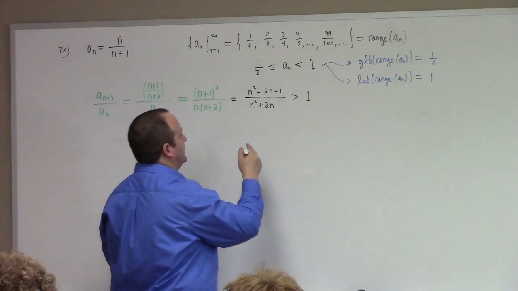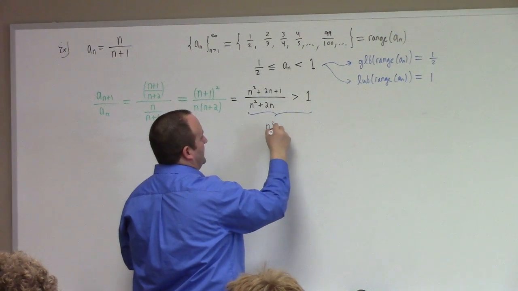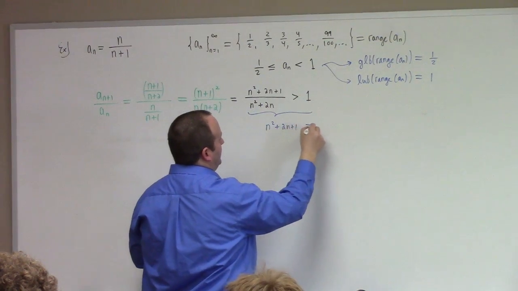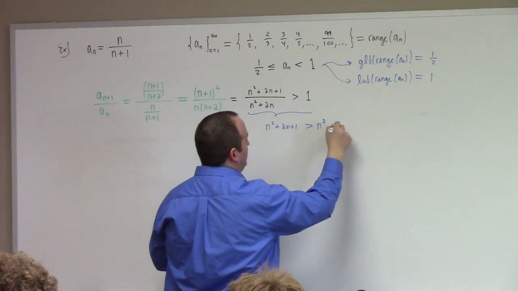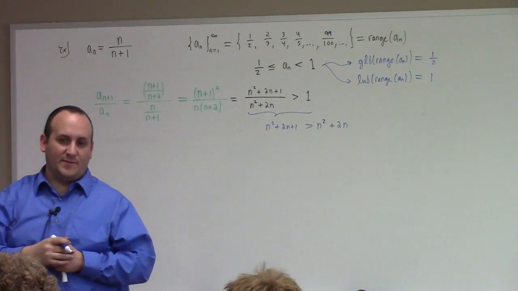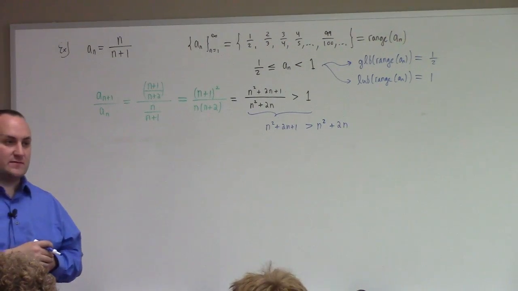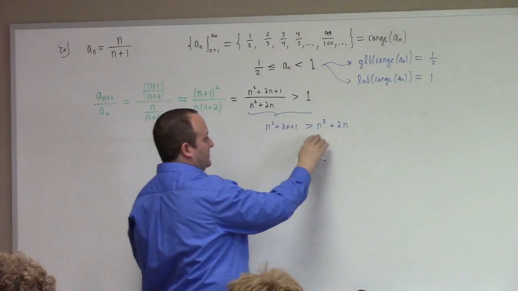So you're saying I can take this and trade it for n squared plus 2n plus 1 greater than n squared. Now, how do you know you're not changing the inequality? Right, n is positive, so n squared plus n is also positive. I'll buy that. And then what?